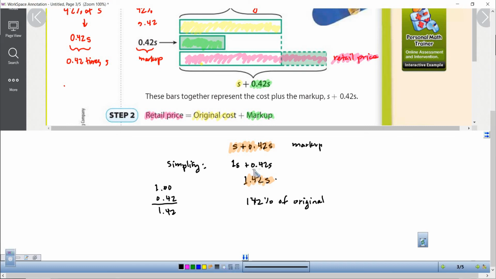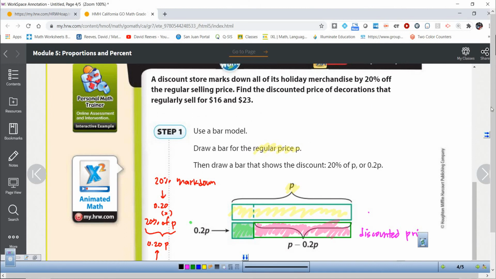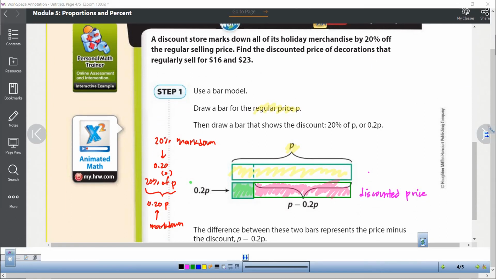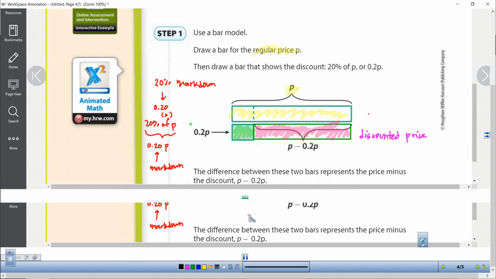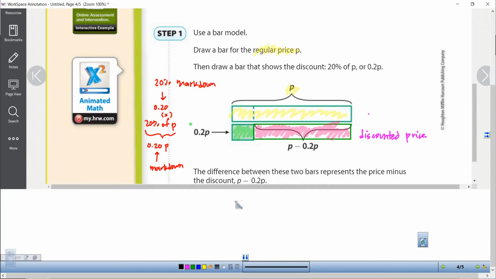All right, so let's now go to this one right here where we had the decrease. Let's write what we had. We had P minus 0.2P, and that represented our discounted price, right? But remember, this is the same as 1P minus 0.2P. So what do we have?